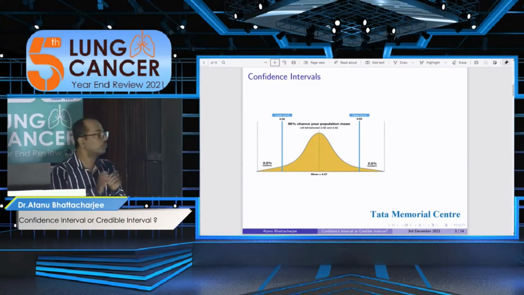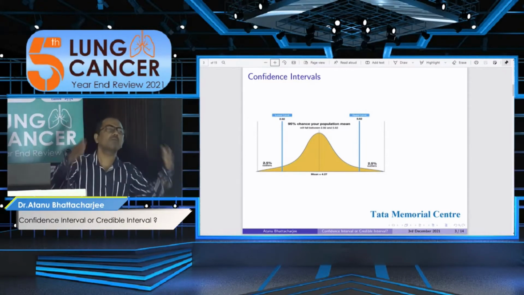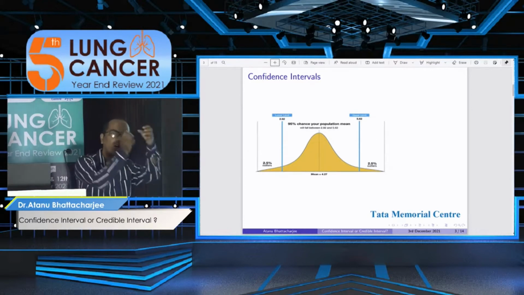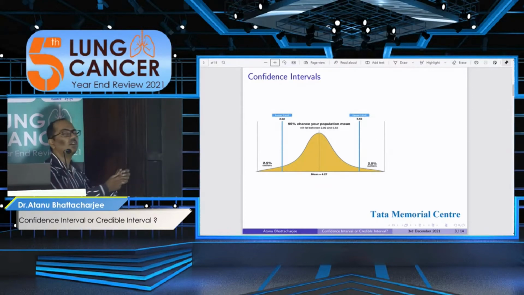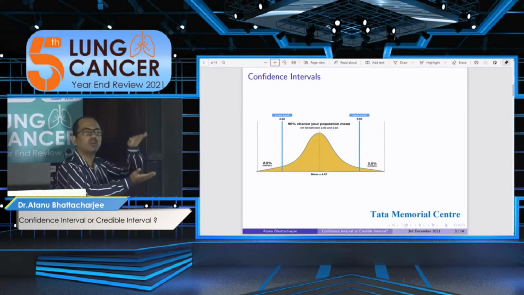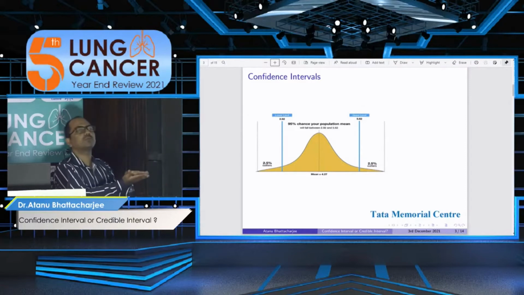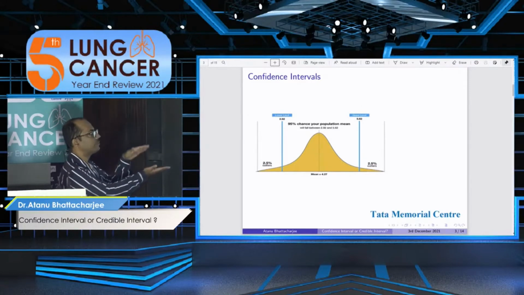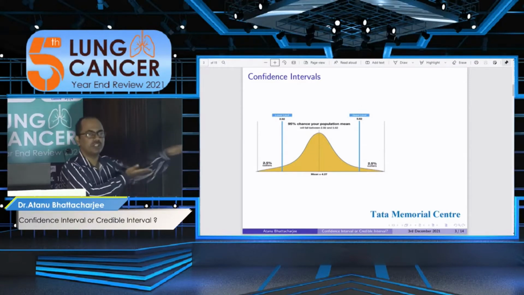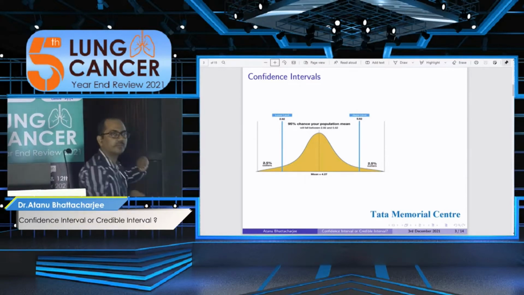So if both types of populations, those given cetuximab or cisplatin, have similar characteristics, then their bell-shaped curves are going to overlap with each other. If they are different in terms of effectiveness, then the bell-shaped curves should be different from each other. They will be far from each other. One will be here, another will be on the right side.